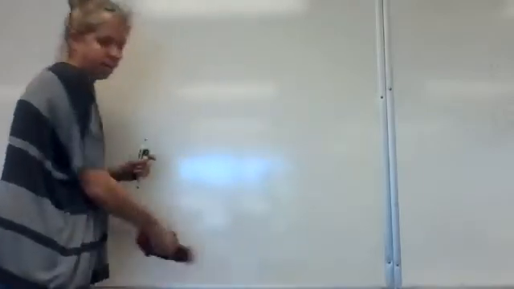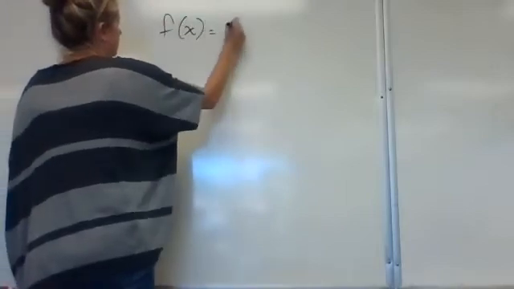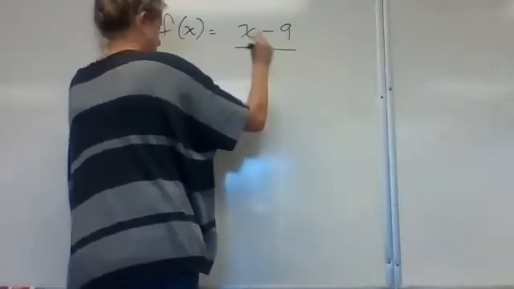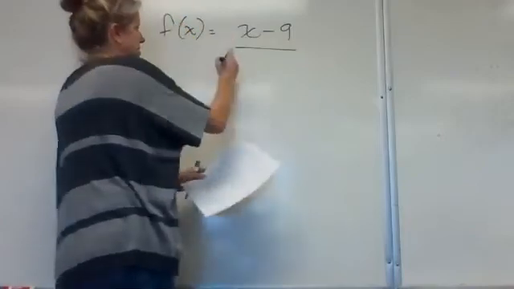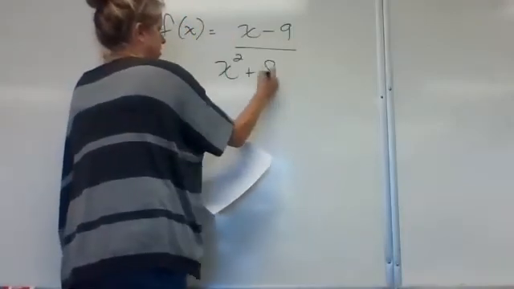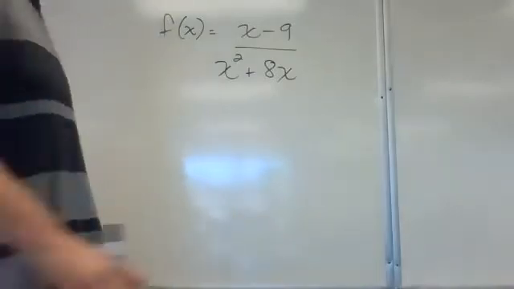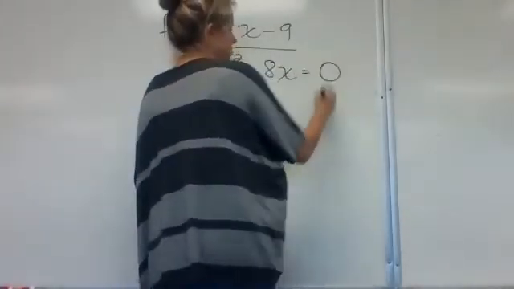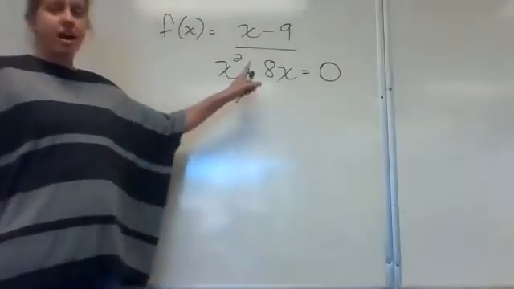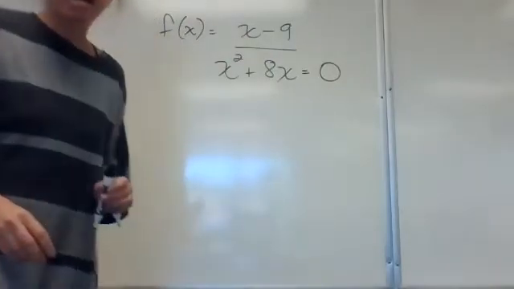All right, let's look at number 6, same kind of thing. F of x equals (x minus 9) over (x squared plus 8x). So I'm finding the zeros of the denominator. It's x squared, which again means I can go to quad.